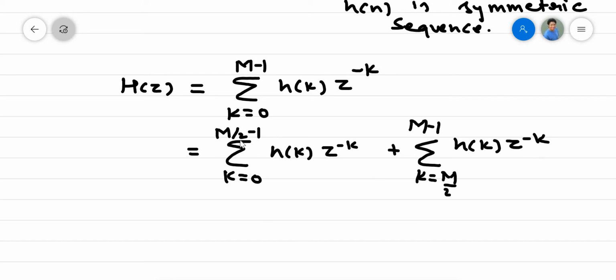Now applying the same part, as it is going from k equals 0 to M by 2 minus 1, we also want to find out this equation, this particular series goes from k equal to 0 to some value, and we have to find out that particular value. We want to represent the same in the sequence from k equals 0.